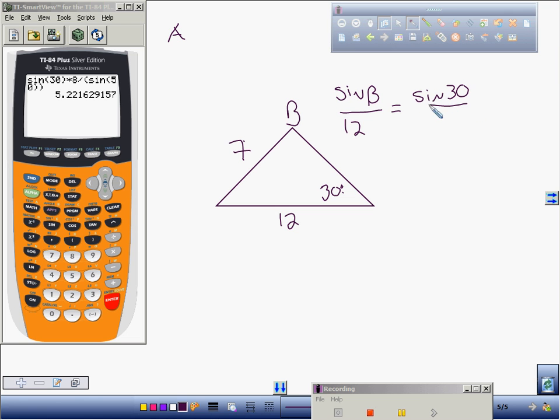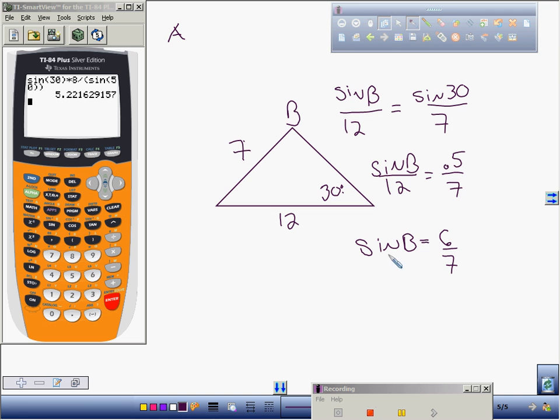Now, I happen to know from years of teaching trigonometry that the sine of 30 is 0.5. If I plug that into my calculator, I get 0.5. Then I multiply, and I get sine of B equals 12 times 0.5, which is 6, divided by 7. So how do I find B?